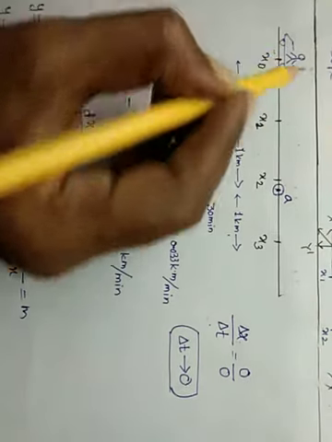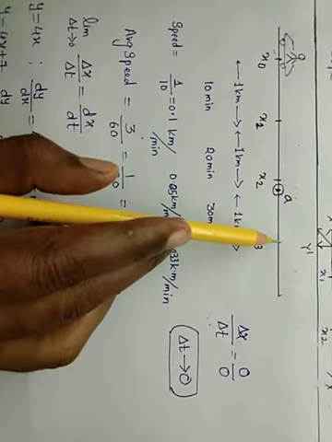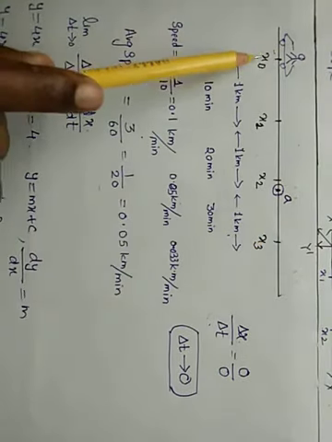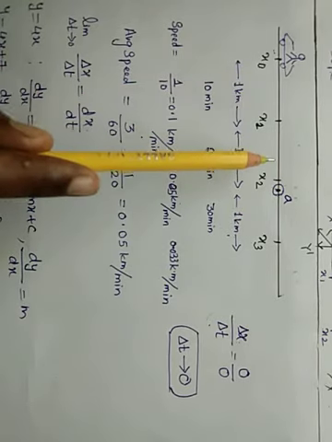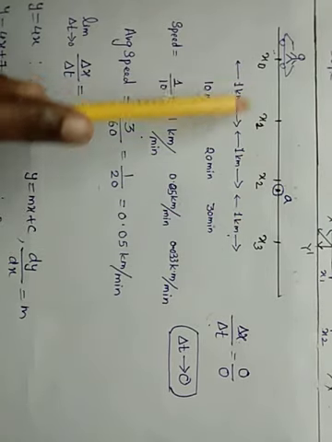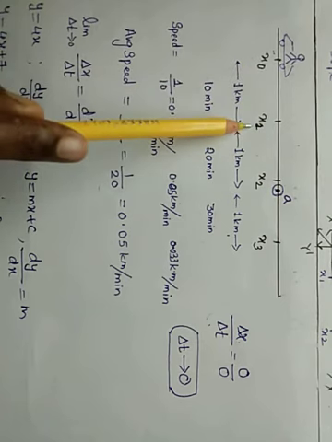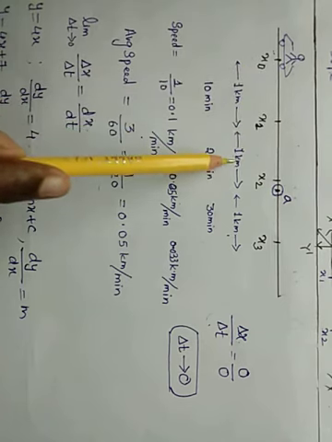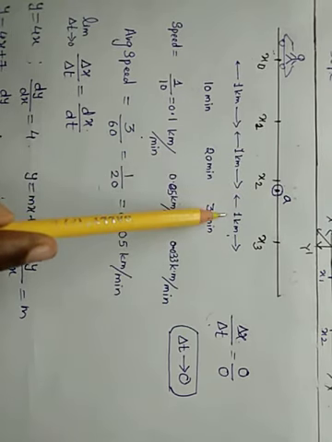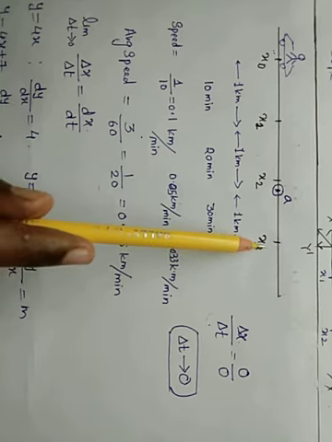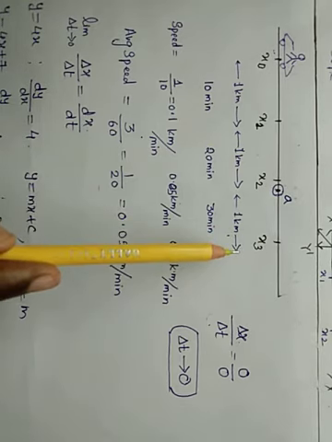Here I have divided this distance into 3 equal parts, 1, 2, 3, and each distance is 1 kilometer. From x0 to x1 it is 1 kilometer, x1 to x2 1 kilometer, x2 to x3 1 kilometer. Means the total distance he is supposed to cover to reach point x3 is nothing but 3 kilometers.